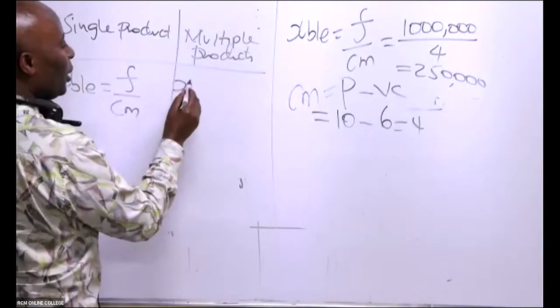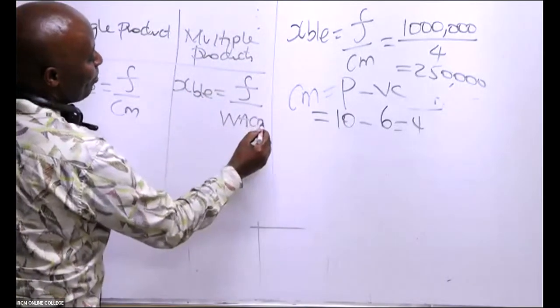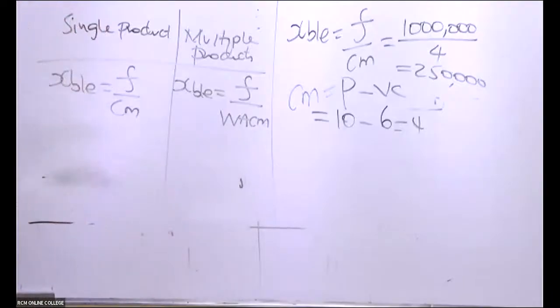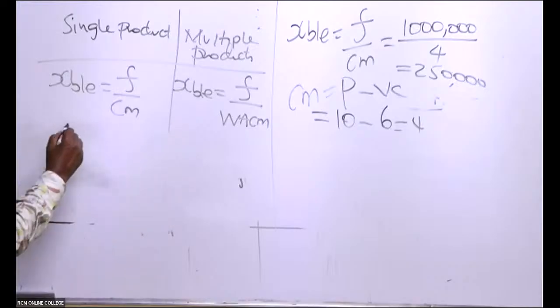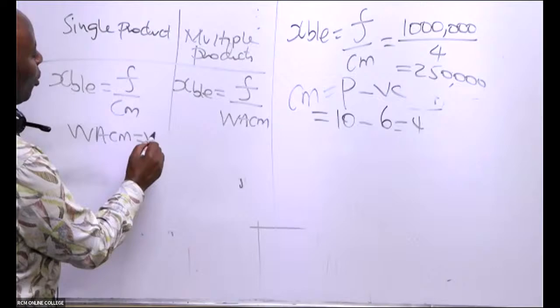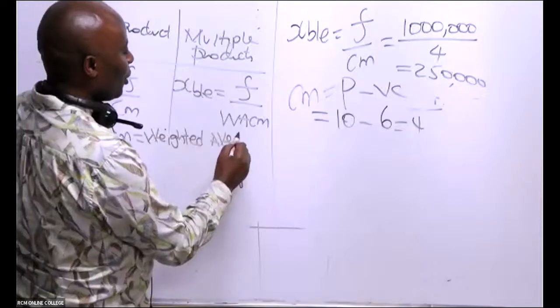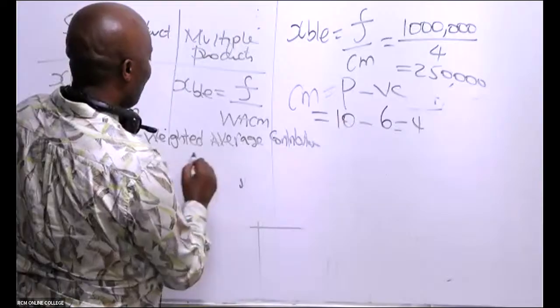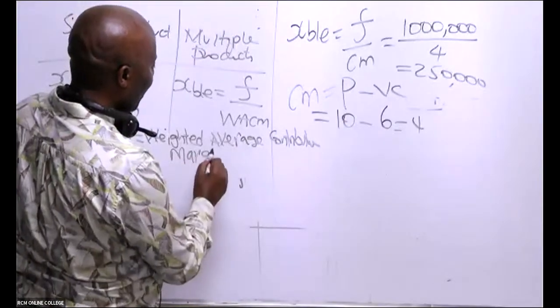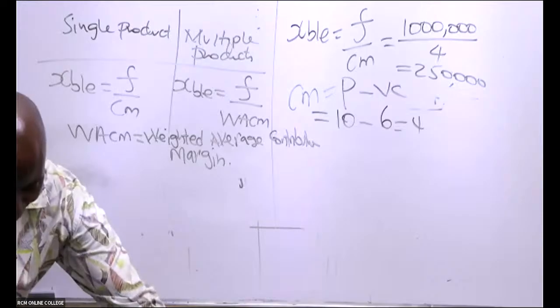But if there are multiple products, to get X break even, you take F over WACM, weighted average contribution margin. You can write this down: WACM stands for weighted average contribution margin.